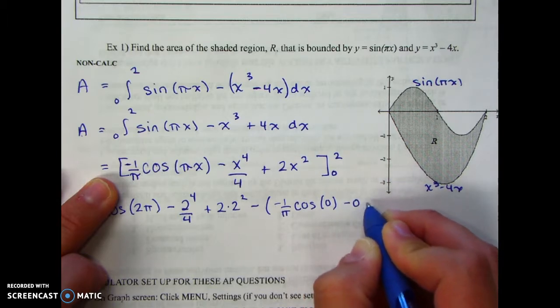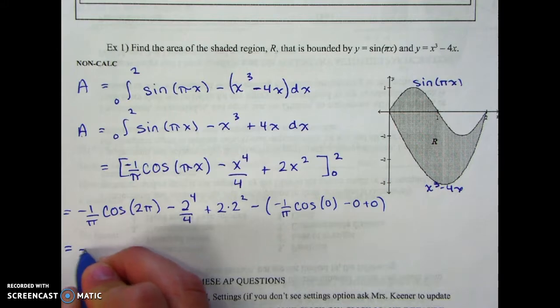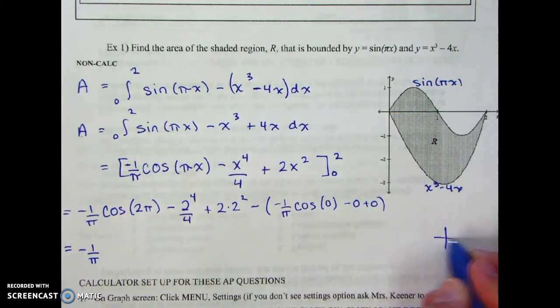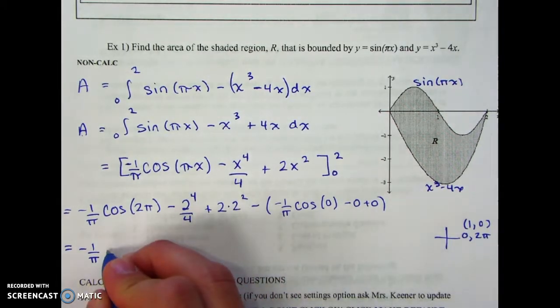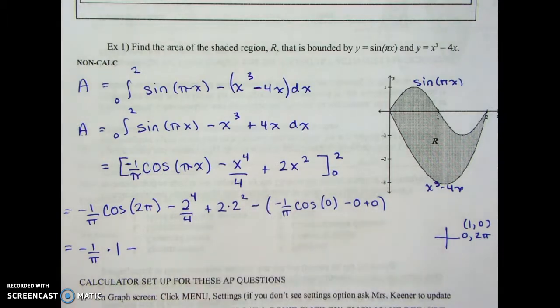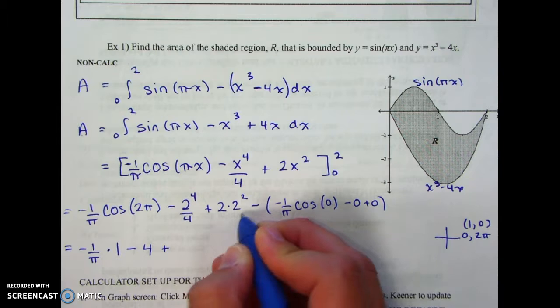This is going to be minus 0 plus 0 though. All right. Cosine of 2 pi: here's 0, also 2 pi, and the cosine there is 1. So we have negative 1 over pi times 1 minus 2 to the 4th power divided by 4 plus 2 times 2 squared.